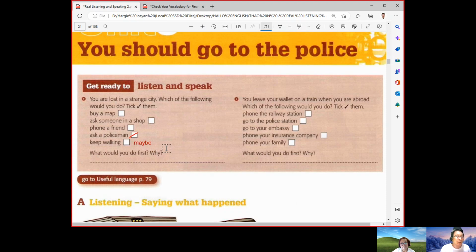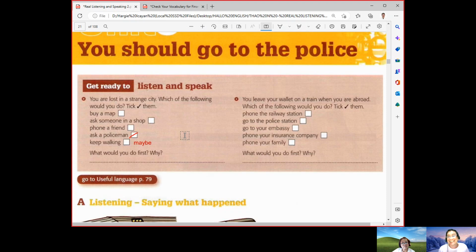Now, you are also correct, because if you are lost in a strange city, the best thing that you should do is to go to the police station, right? But the question is, let's say you are lost in a place where there would be no people who could understand your language.